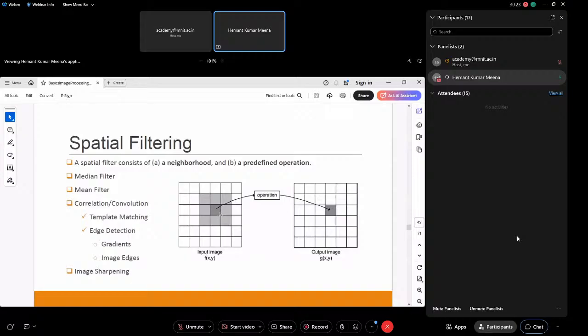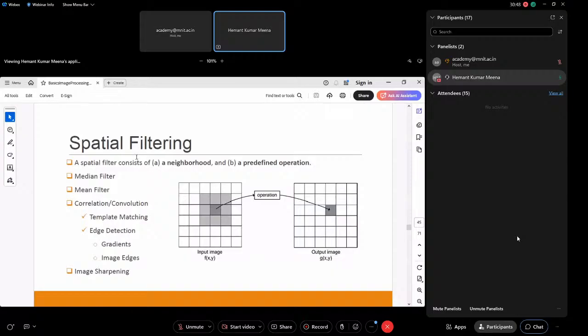So what do we do? Here we work upon those patches. What you are seeing here is basically a 3 by 3 region. It can be 3 by 3, 5 by 5, 7 by 7, depending upon our objective, but the very famous one is 3 by 3.